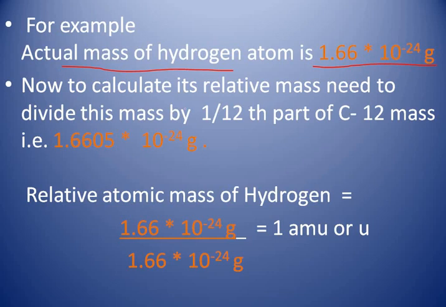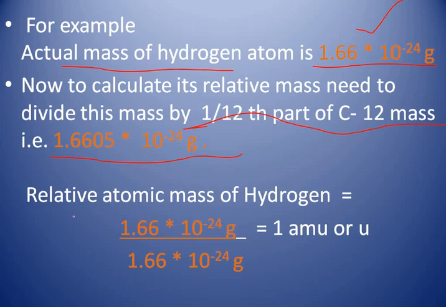Now we need to calculate its relative atomic mass. So what we do is divide this mass by 1 by 12th part of the mass of the C12 carbon atom, that is the value 1.6605 into 10 raised to power minus 24 gram that we calculated earlier.